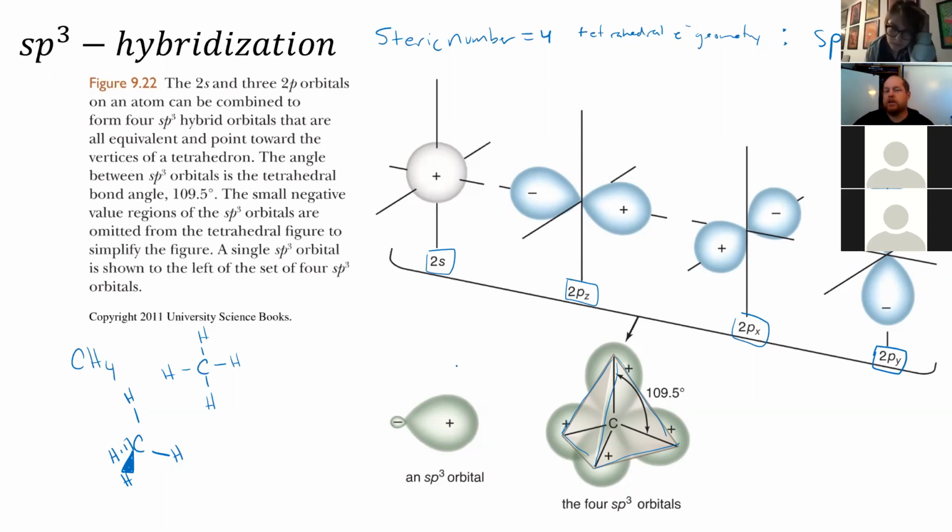And so here we've got the shapes of the orbitals. Now, something I want to touch on, I'm going to go back and look at the sp2 hybridization in a second, is what happens to the energies of those orbitals when they become hybridized.